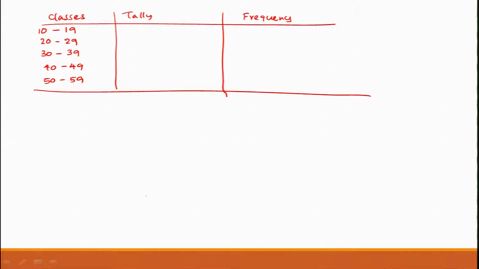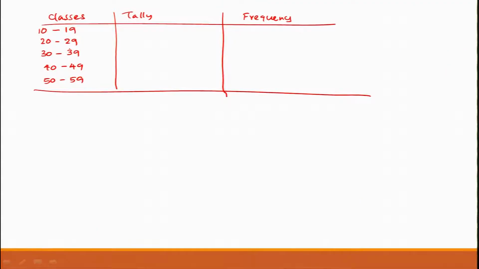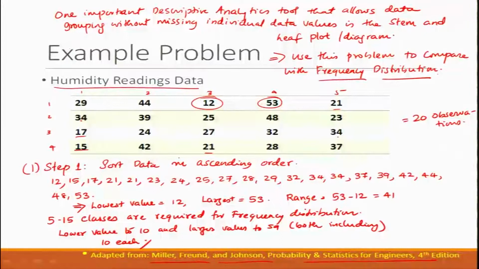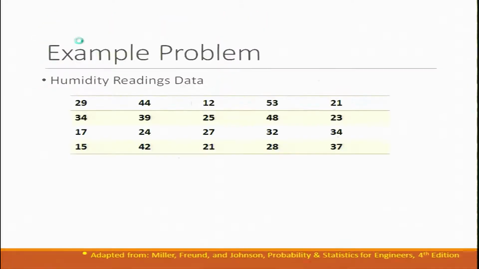If you look at the previous data, in the first class, 10 to 19, I have 3 values: 12, 15 and 17. So, in the frequency distribution, I will mark 1, 2, 3. So, that will be 3. Then 20 to 29 is my next class. So, I go back to the previous one.